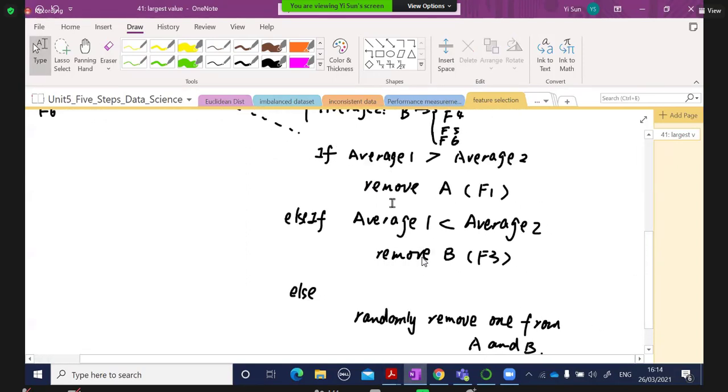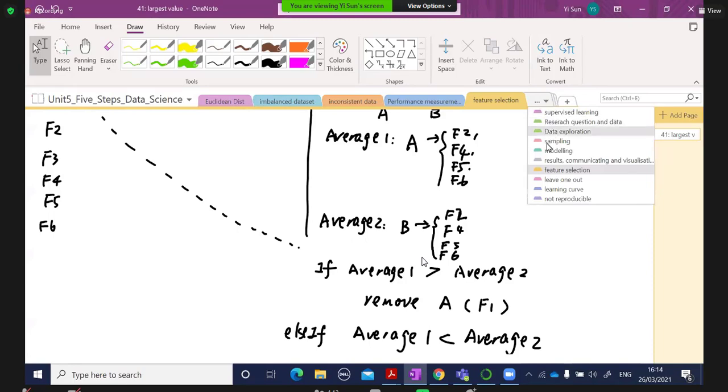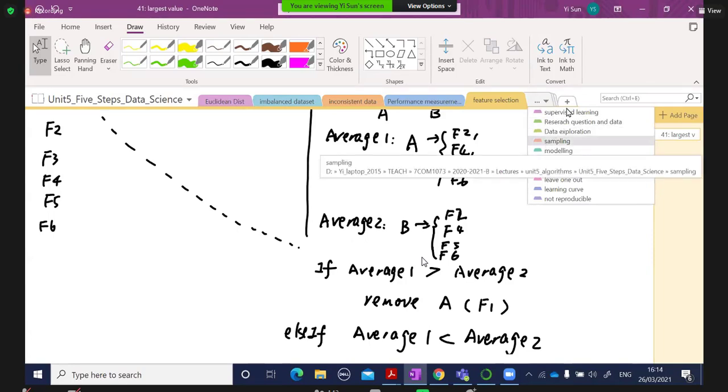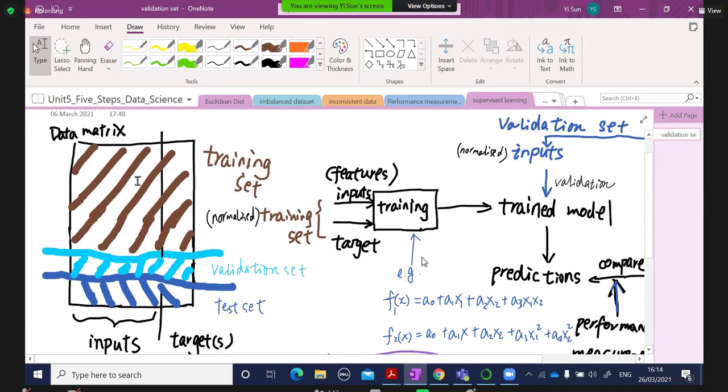Why do we need to remove the one with the largest average? That is because for many algorithms we use for data analysis, there is at least one assumption: all the features we use should be independent.